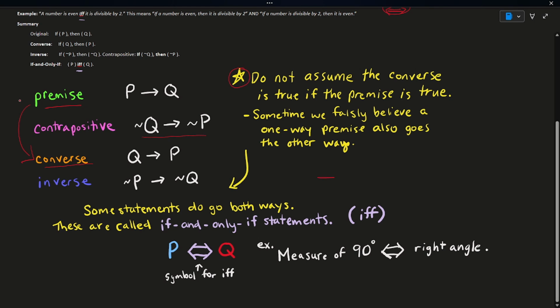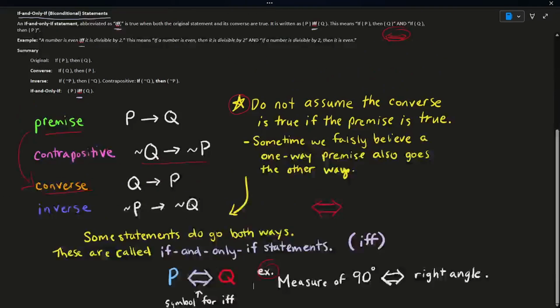It's just an open line with two arrows, one going to the right, one going to the left. An example of that, the book gave a good one here: a measure of 90 degrees if and only if a right angle. So a right angle is 90 degrees, and a measure of 90 degrees is a right angle. Always. These are proven. So that's the summary of 7D.